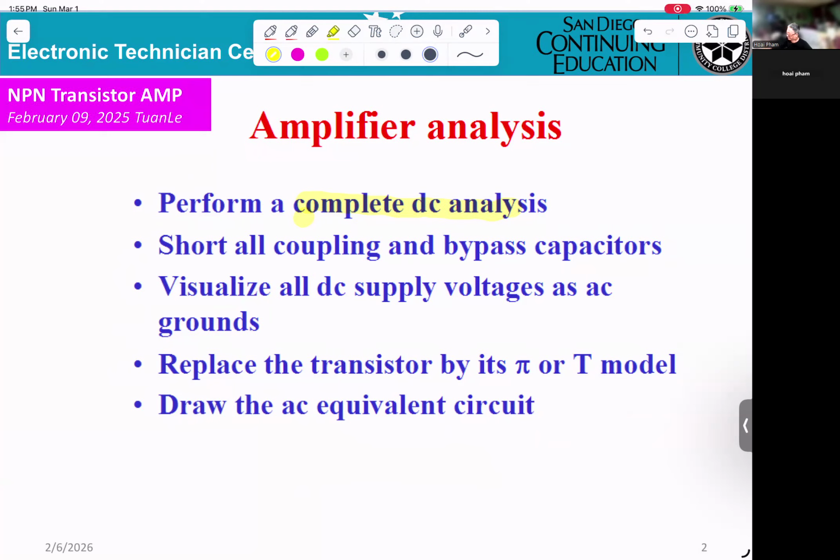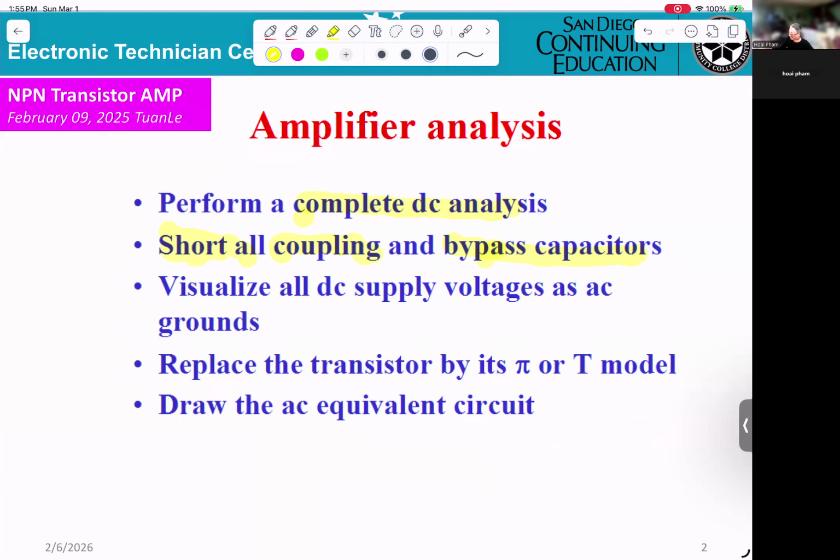Second thing, short the coupling and bypass capacitors. That means the capacitors will be shorted.